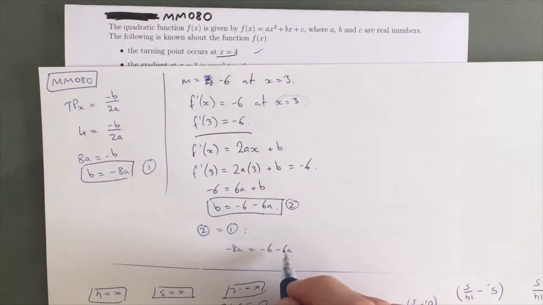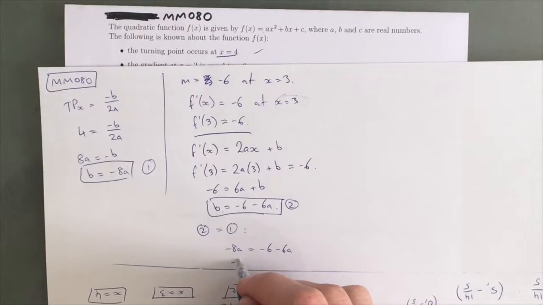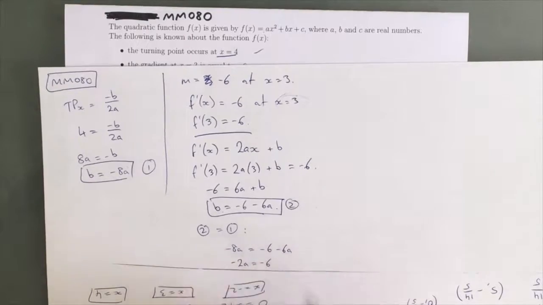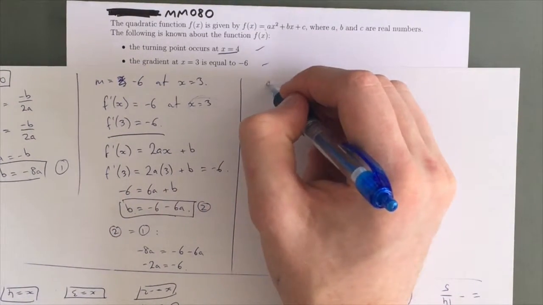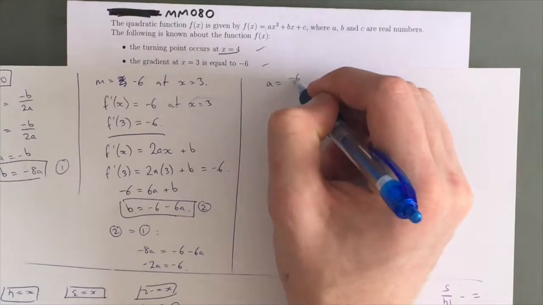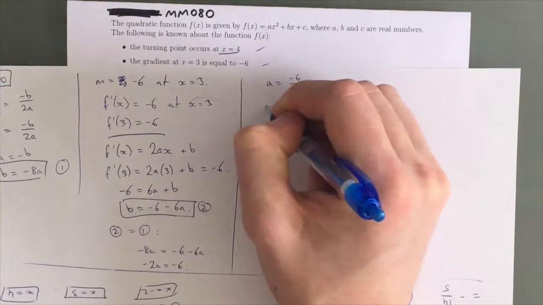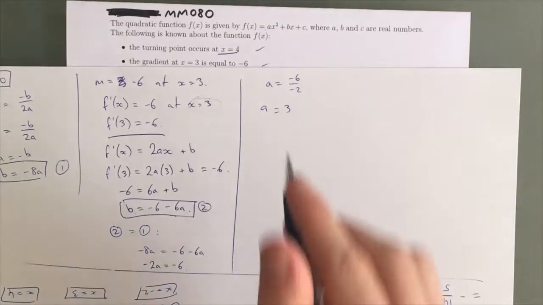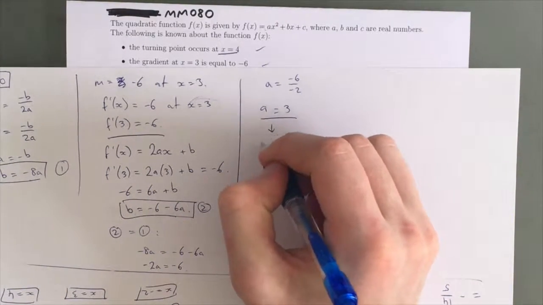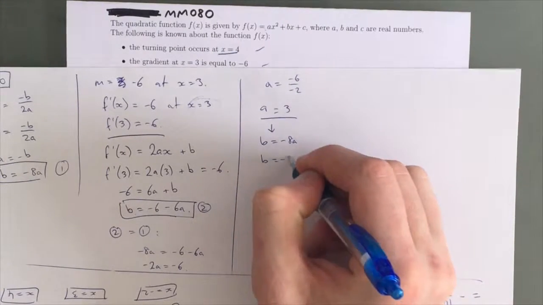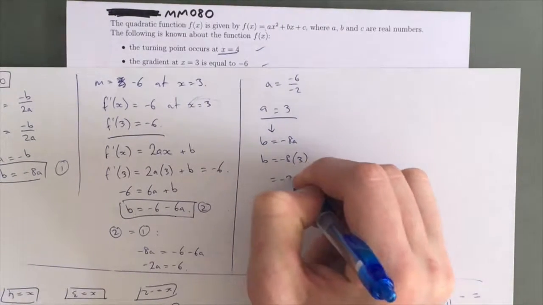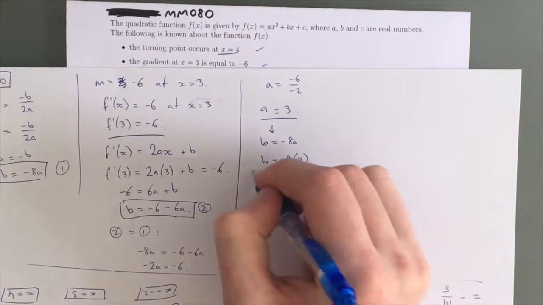So from there, we add 6a to both sides, which means we get negative 2a equals negative 6. And going on from there, we get a equals negative 6 over negative 2, which is equal to 3. Because we know that b is equal to negative 8a, b is equal to negative 8 times 3, which equals negative 24. So that's our second value.